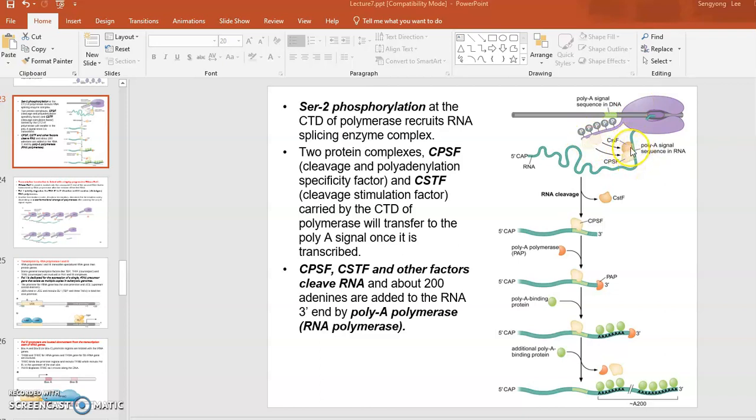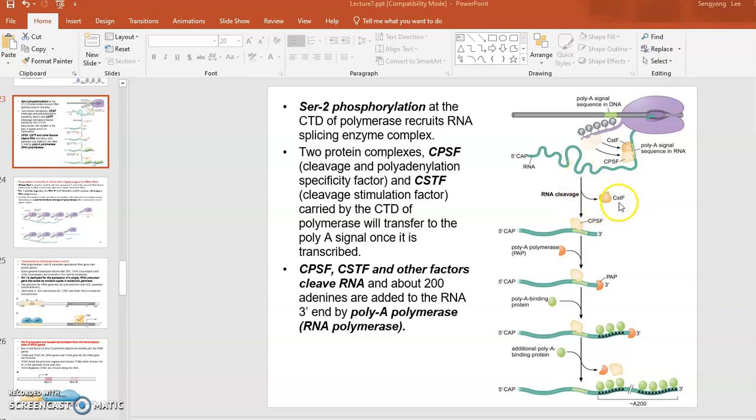Once they are transferred, they cleave, they cut off the RNA at the 3' end, and then add about 200 extra A's, adenine nucleotides, to the 3' end. That's what it means by polyadenylation. Multiple extra A's are added. See the process. A poly-A signal sequence is there in the RNA itself, and then RNA cleavage is happening.